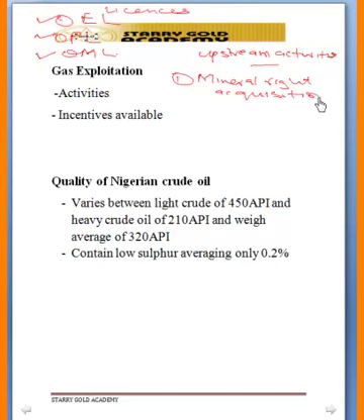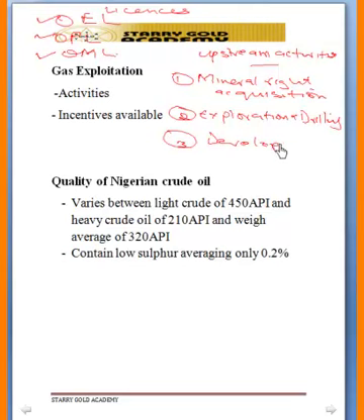Two, exploration and drilling. Three, development. And four, production. So these are the activities in the upstream sector.